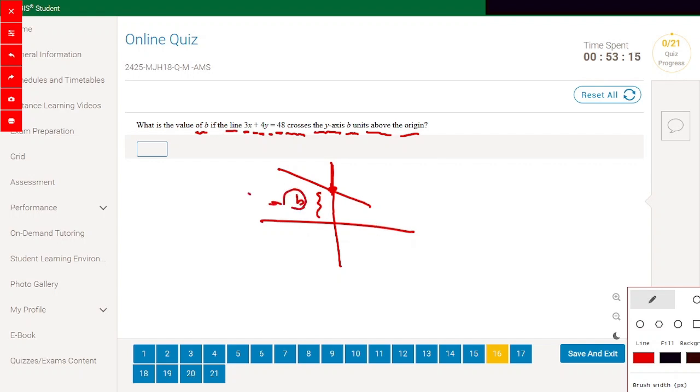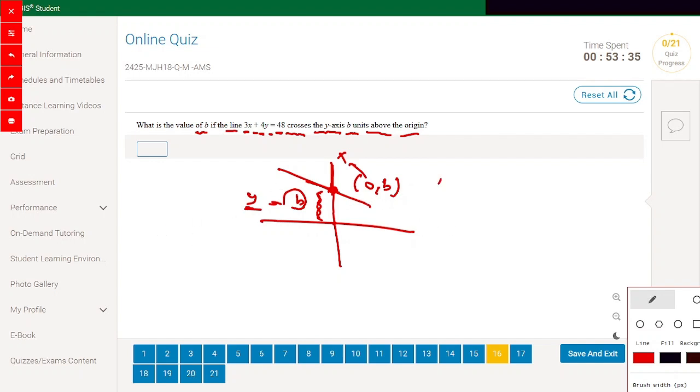And p here is on the y-axis, right? So once the point is on the y-axis, what are the coordinates of this point? It will be 0 for x, and b, because it crosses the y-axis.